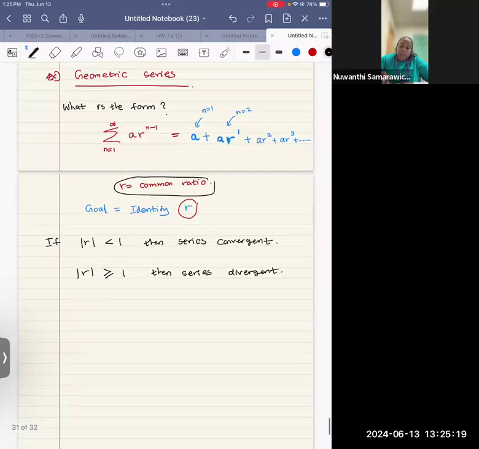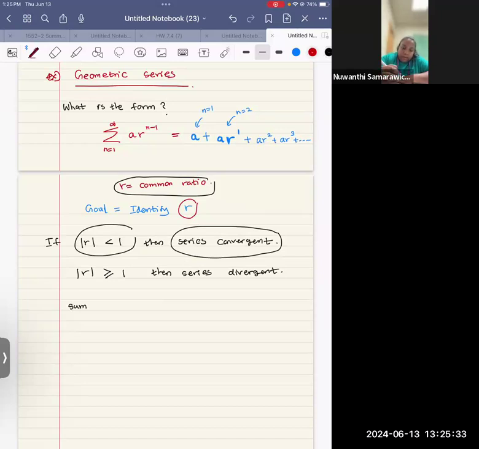And also, because the series is convergent, when the absolute value of R is less than 1, the sum, the whole sum of this series, S, we can straight away write as A sub 1 divided by 1 minus R. Here A sub 1 is the first term of the sequence, and R is the common ratio.